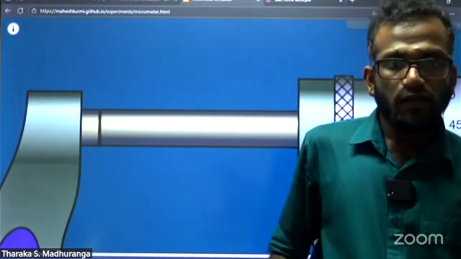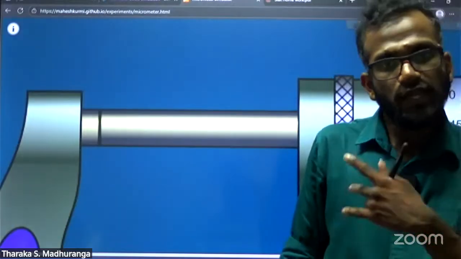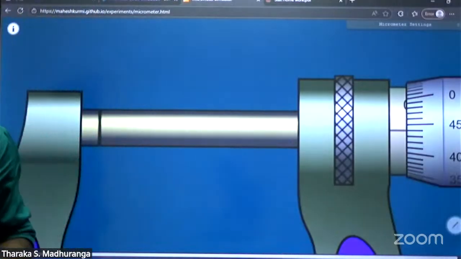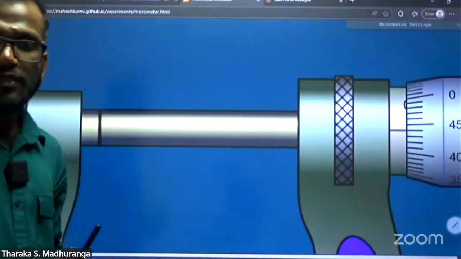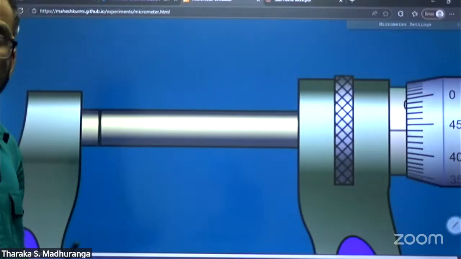Then if we got a measurement using this type of instrument, how do we get the accurate measurement? By adding or subtracting?